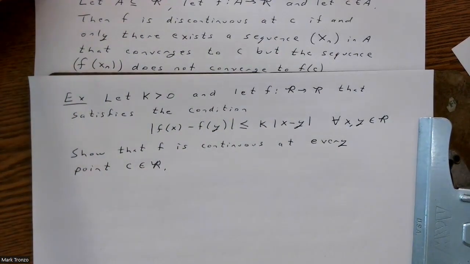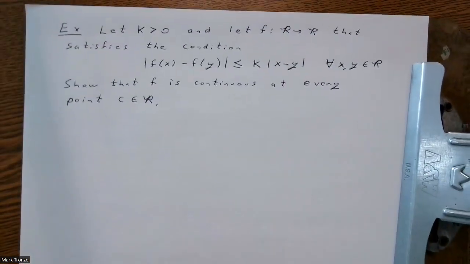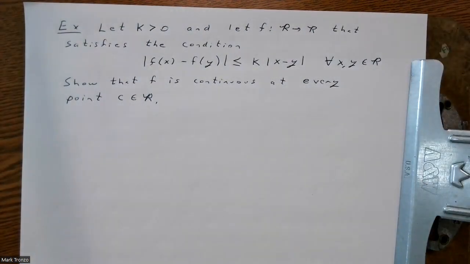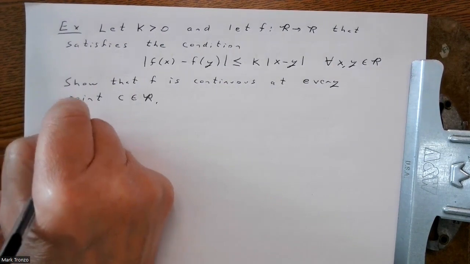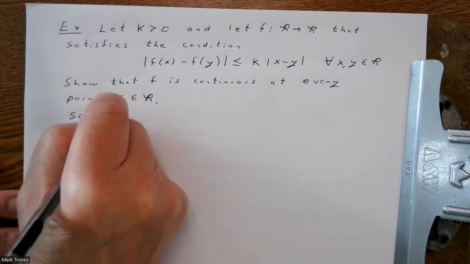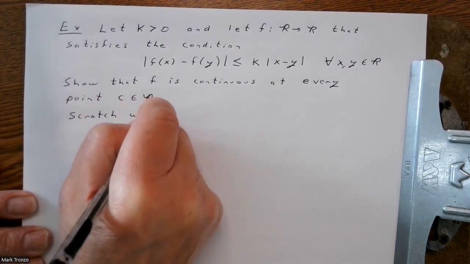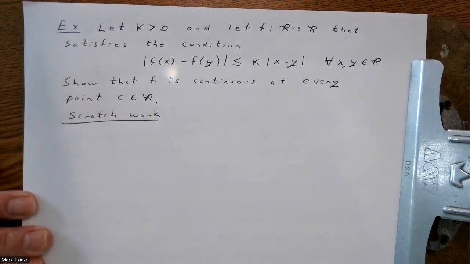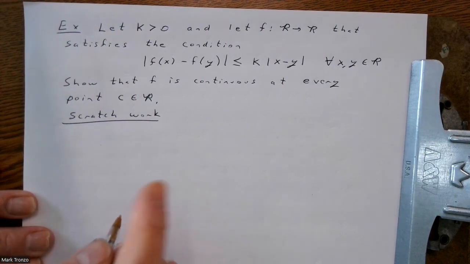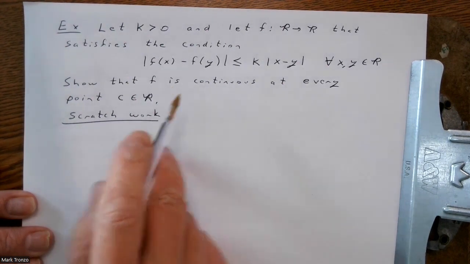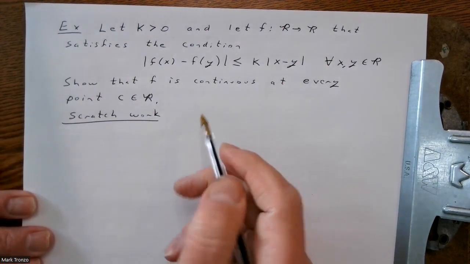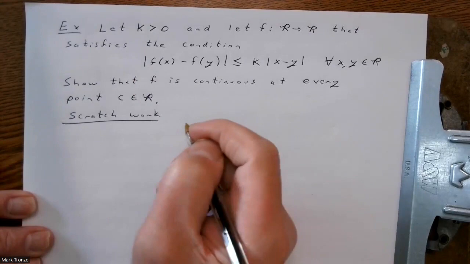So let's take a look at this. And much like we've been doing a lot already, do scratch work, to get an idea of what we want to do. Remember, we're going to have to bound some kind of |x - c|.